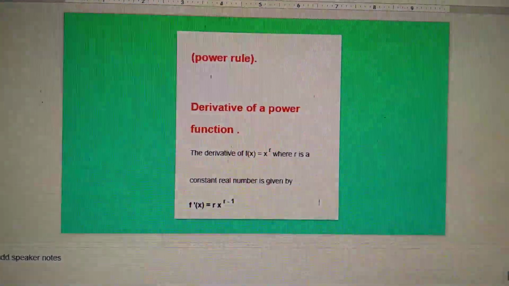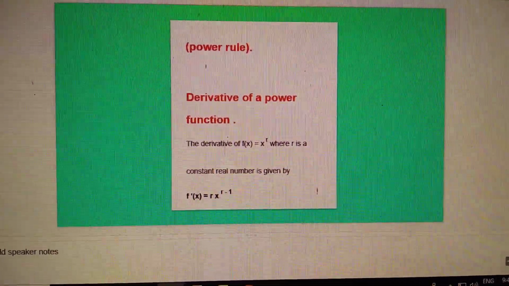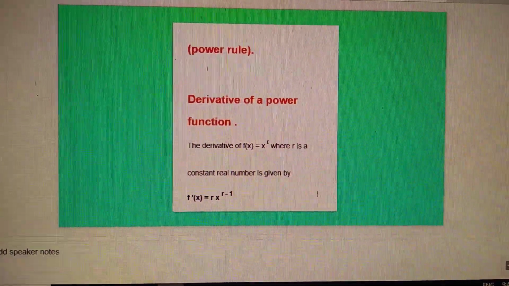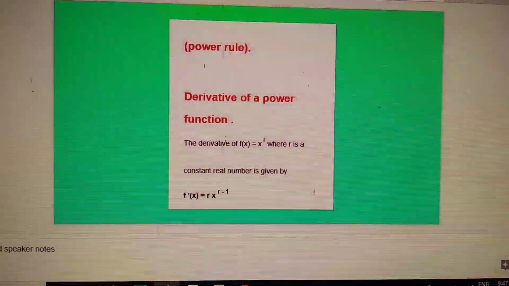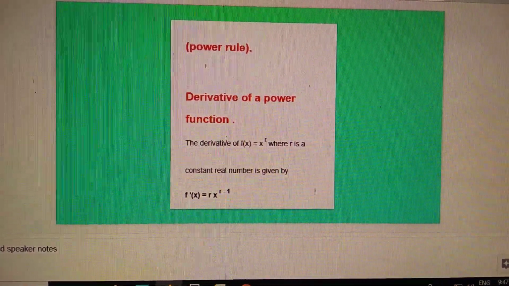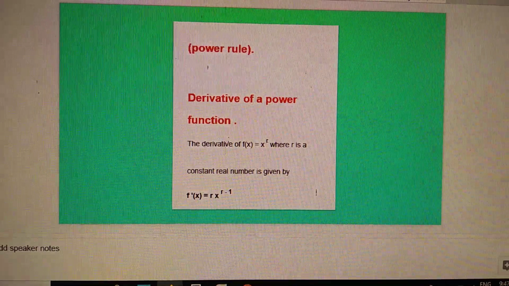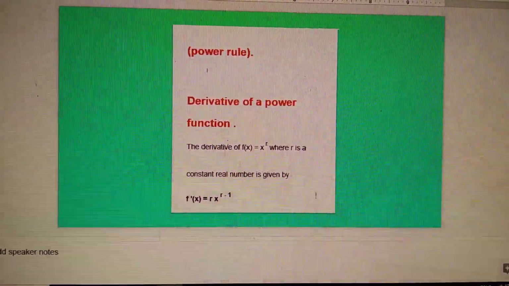Now the second working rule is the derivative of a power. Generally, polynomials are defined in terms of powers of their variable. Suppose f of x is equal to x raised to 5. Suppose f of x is equal to x raised to 7. Thus we have a power of a variable.